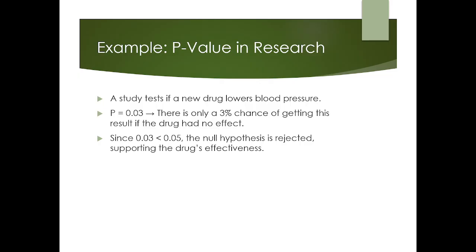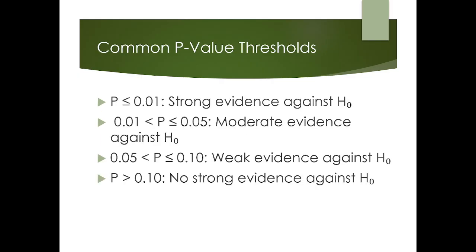Rejected. And then we would accept the alternate hypothesis, which supports the effectiveness of that drug. That is, that the new drug actually lowers blood pressure. I hope you do understand.